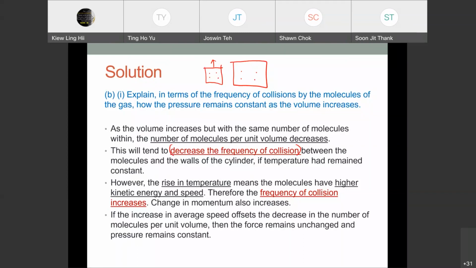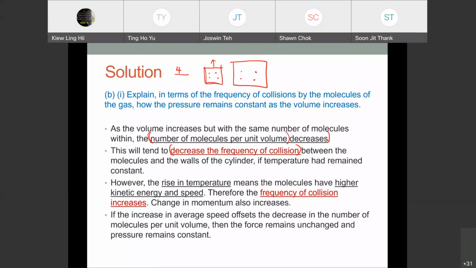So when you increase the space with the same amount of particles, we say the number of molecules per unit volume decreases. Let's say this is 4 particles, and the volume is 1 meter cube.